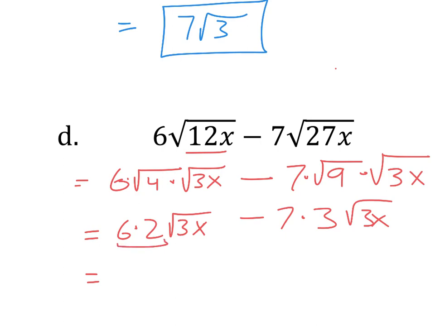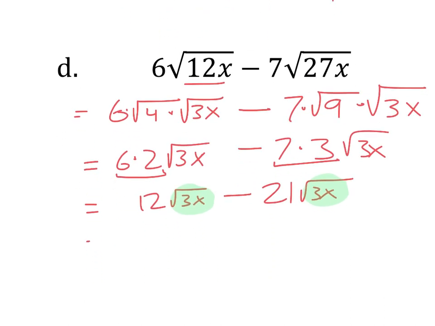6 times 2 is 12 times that square root of 3x. 7 times 3 is 21. And we notice that we have the same radical there. So that can be 12 minus 21, which is negative 9 times the square root of 3x.